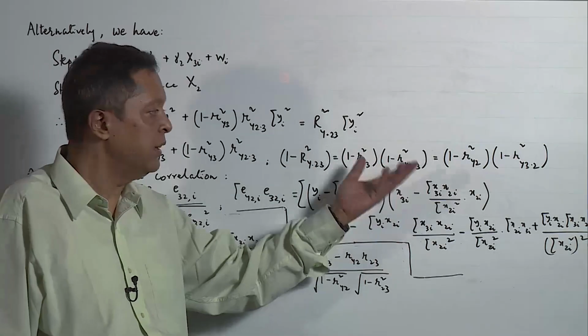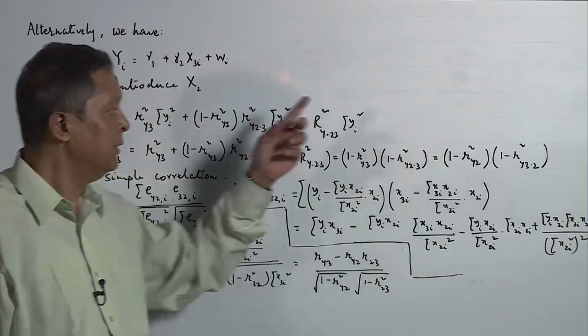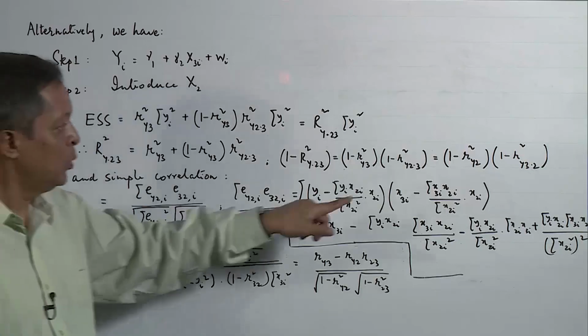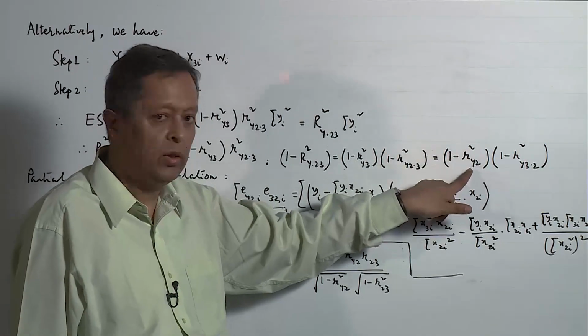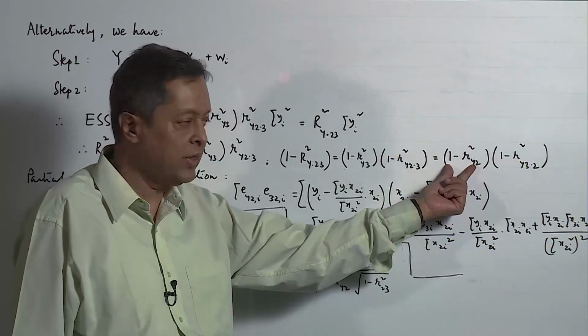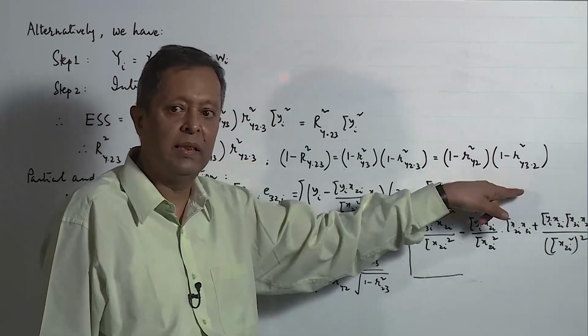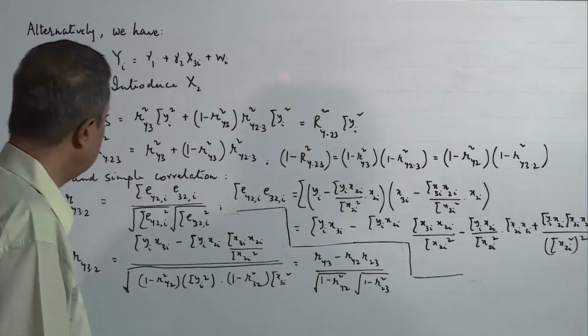In the earlier approach, we included first x2 and then x3, which gives 1 minus r square y2, the residue from the first step, times 1 minus r square y3 dot 2 when x3 is included in the second step.